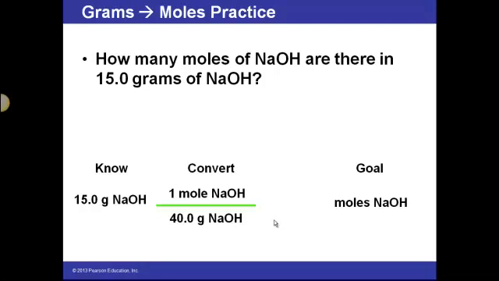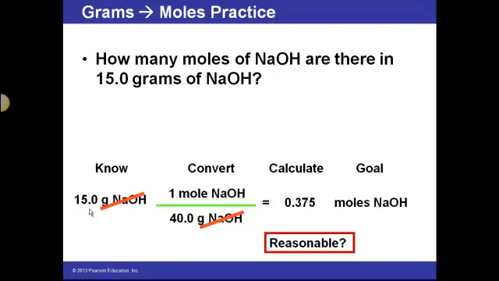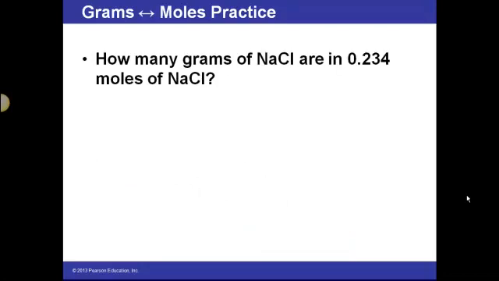So we can calculate this out by a simple conversion. The grams of sodium hydroxide are going to cancel out, and we're going to be left with our answer in moles of sodium hydroxide. So in this case, we've got 0.375 moles in 15 grams of sodium hydroxide. Does this seem reasonable? We have much less than a mole weight in grams, and so yes, this seems very reasonable.